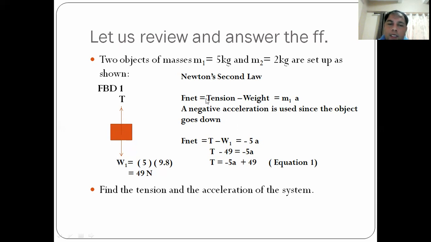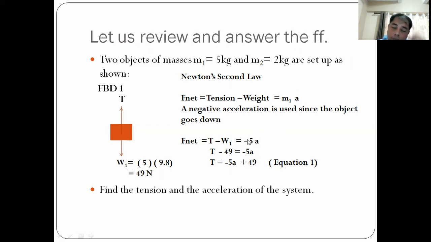Now, if net force is mass times acceleration, the mass we consider here is M1, our mass number 1, having an acceleration that goes downward. If a goes downward, then we usually indicate it as a negative value, as it is a vector.